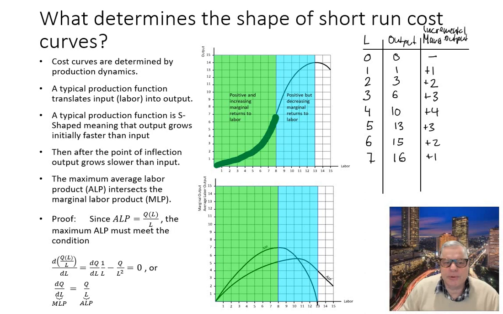It gets steeper and steeper, but then after a certain point, output still increases, but at a smaller and smaller rate. And the marginal is technically the slope of the curve at any point. You can see down here the slope is very flat at each point, but then it gets steeper and steeper and steeper.